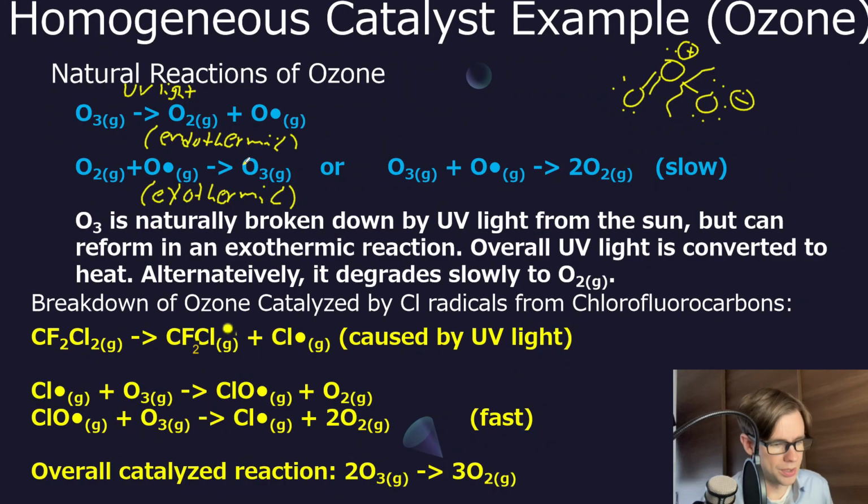But there's another possibility, which is O dot, the radical with unpaired electrons, reacts with an O3 molecule. In that case, that's broken again, and we end up with 2 O2 molecules. So overall, if that were to continue, the O3 in the atmosphere would break down into O2.